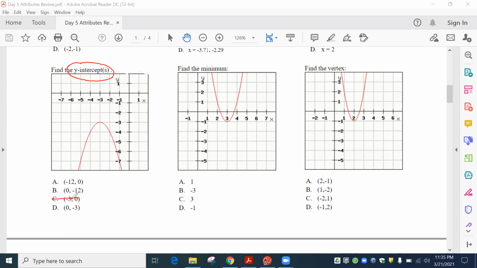Clearly not. So it must touch at -12 down here. If it's the y-intercept, then that -12 has to be the y-coordinate, and so the answer would be B. So remember, the y-coordinate is the second coordinate. All right, minimum.